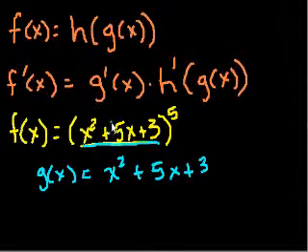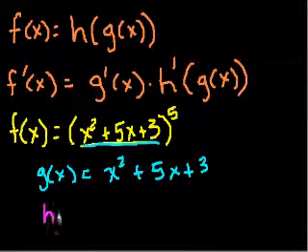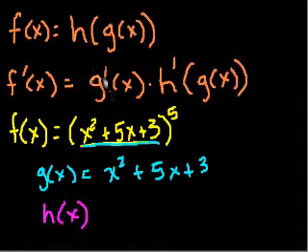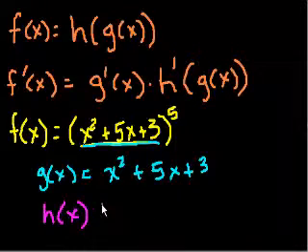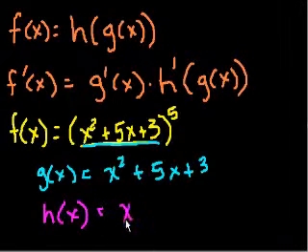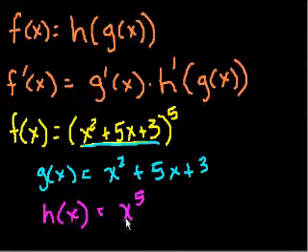And what is h? Well, h of g of x is this whole thing. So what would h of x be? Well, h of x would just be x to the 5th, right? Because this expression is you took this entire g of x and you put it in for x right here.